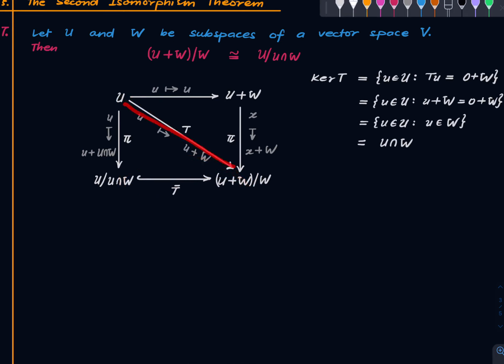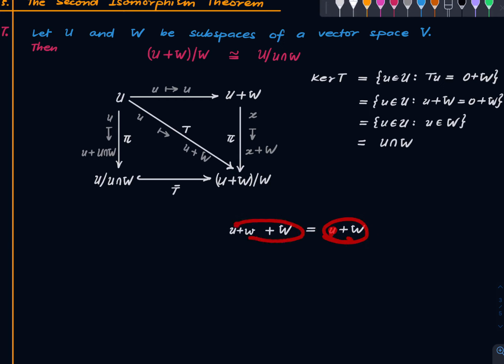So why is this surjective? Well, pick an arbitrary element of this quotient. It will look like this, which is nothing but that, because the little w gets absorbed here. So this is equal to that, and hence this is in the image of T. Just take the image of little u under T, you will get this.